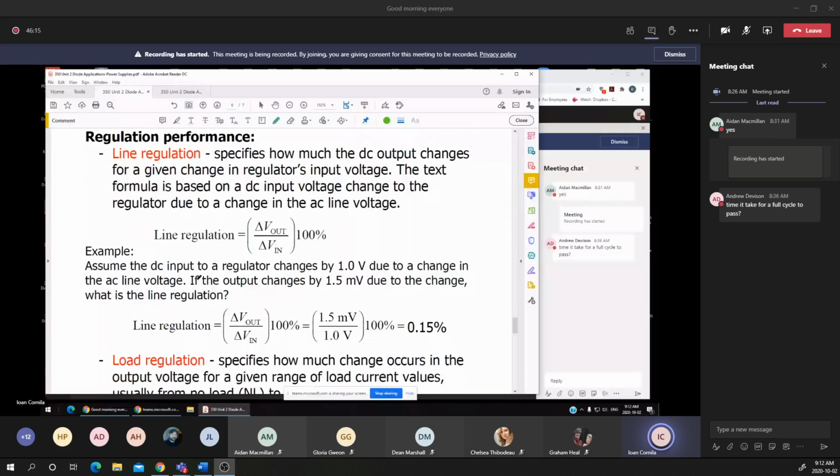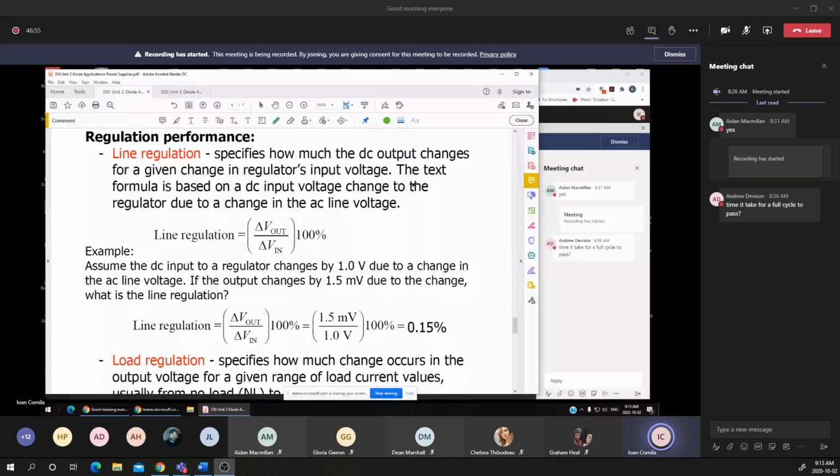Now, in terms of the performances, there are actually two ways to determine the regulation performance of a power supply. The first one is in terms of the line regulation. This line regulation refers to the same load, the same voltage regulator, and suppose that the input voltage has a small change.